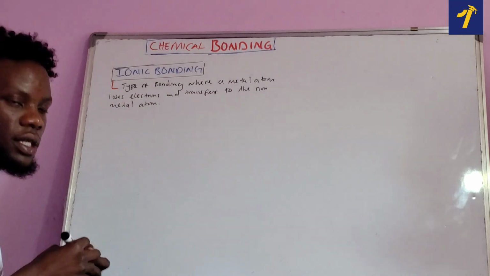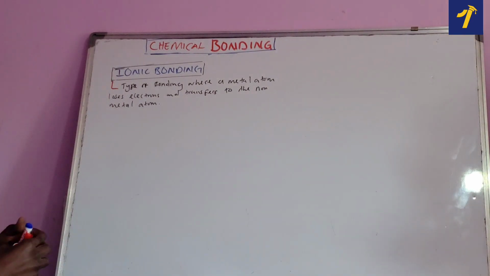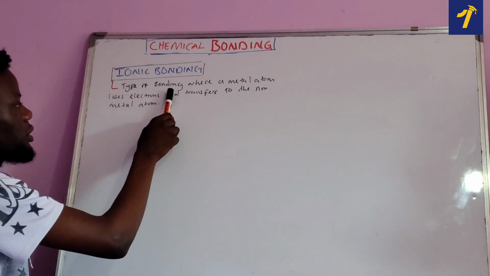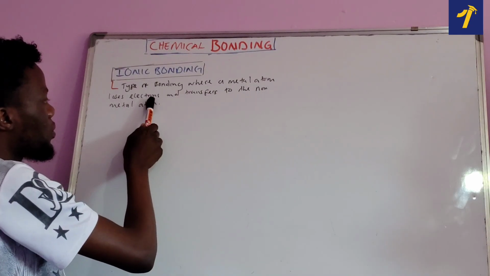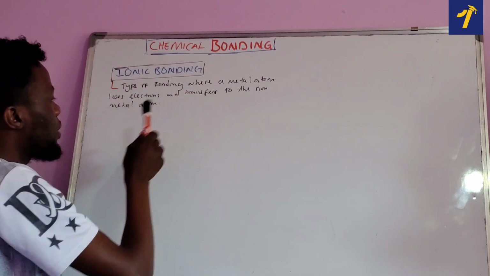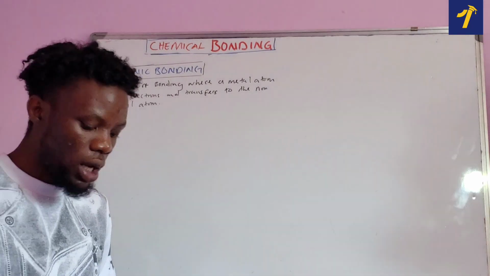That's the first definition that you need to understand: ionic bonding is the type of bonding where a metal atom loses electrons and transfers them to the non-metal atom.